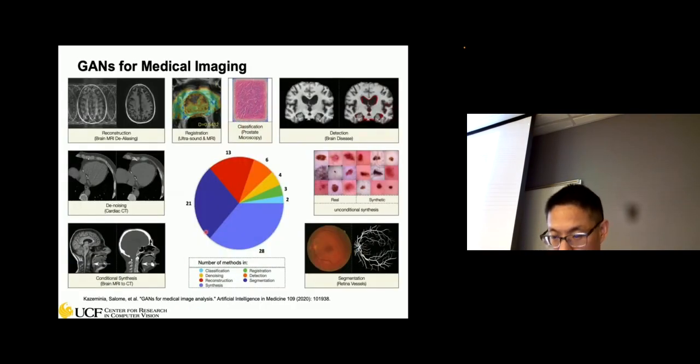And for the medical domain, which is the focus for this class, we can also apply these techniques to various medical applications, right? All these kinds of image enhancement, like super resolution or image translation, we can apply to the medical domain. For example, we can enhance the MRI reconstruction quality, because image reconstruction quality depends on how many measurements you are taking.